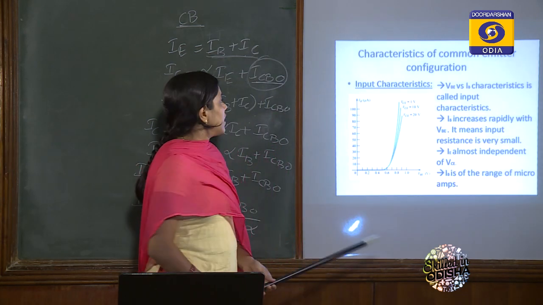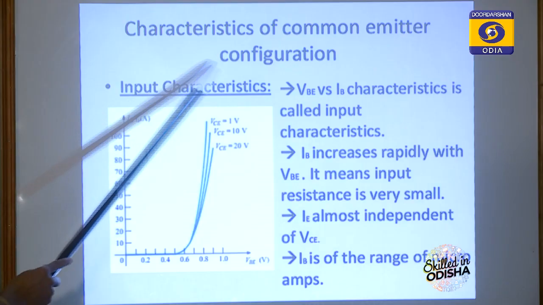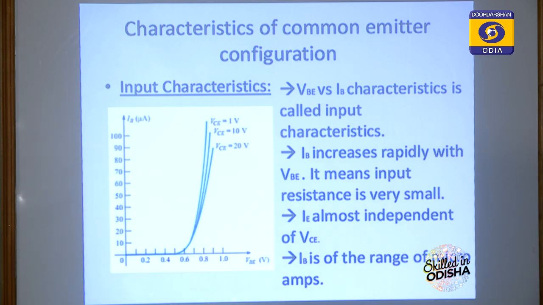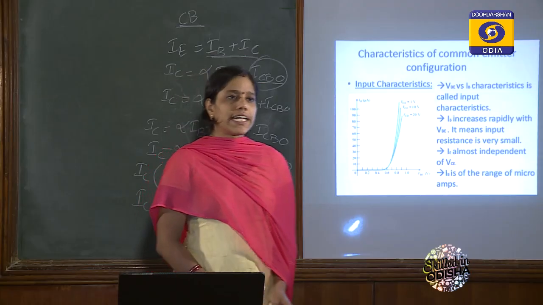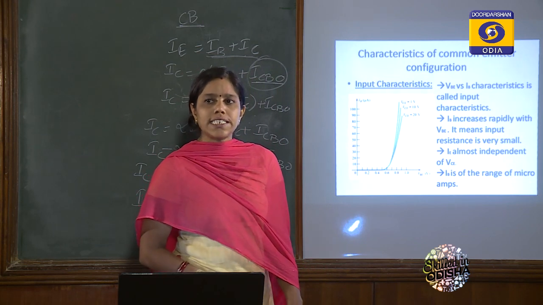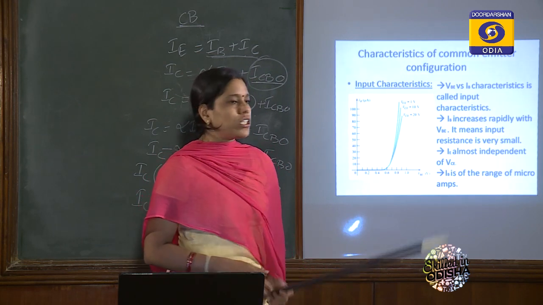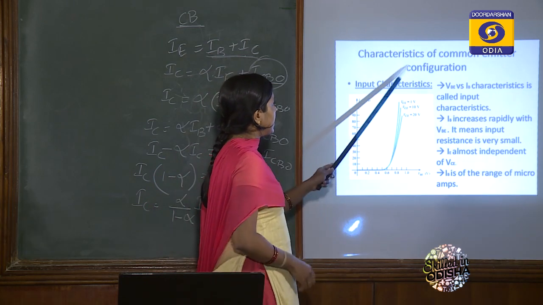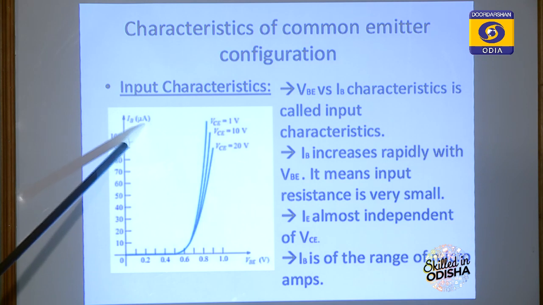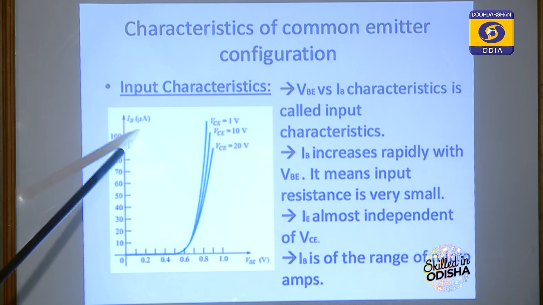The next is the characteristics of common emitter configurations. This is the input characteristics, and here the output characteristics are also there. For input characteristics, it is the graph between the input current and input voltage at constant output voltage. For common emitter case, what is the input current? Input current is IB. Since IB is very less, it is taken in microampere.